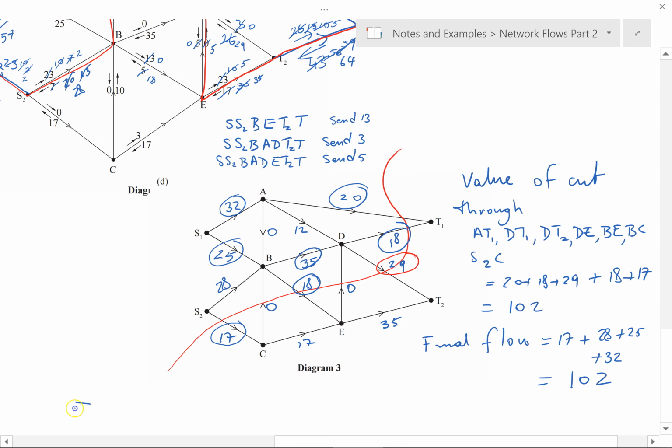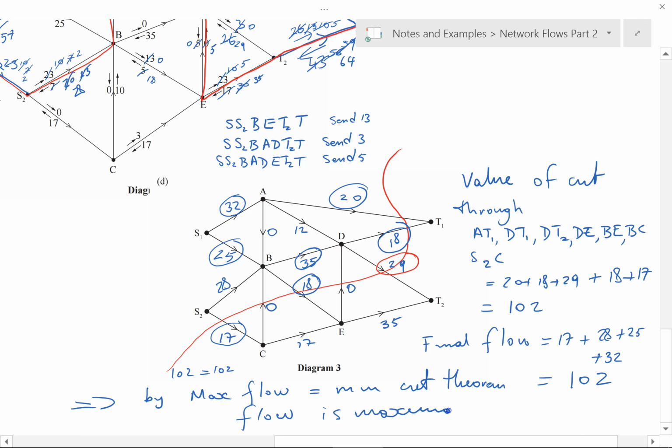So that says, and hence, when we're closing off, say hence by maximum flow, 102 equals 102. So by the maximum flow equals minimum cut theorem, the flow is maximal.